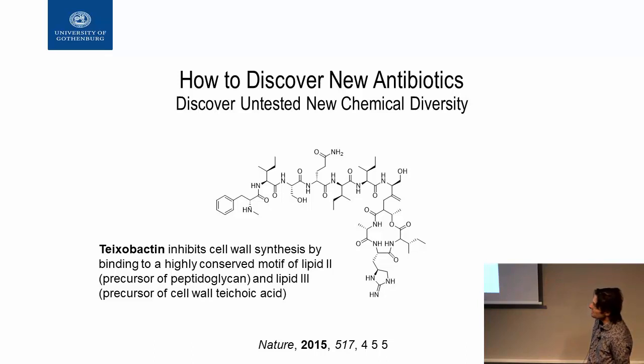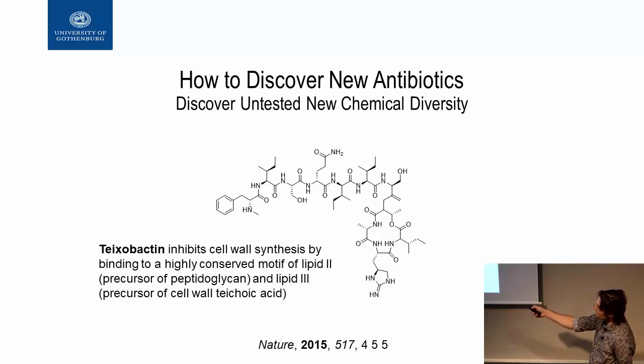Again, the interesting thing about this is that it inhibits the cell wall formation of the bacteria, but it does it in a new way, by different mechanisms. So they say again, because it's not only one mechanism, the likelihood that the bacteria will become resistant towards this is low. So it's a useful starting point.